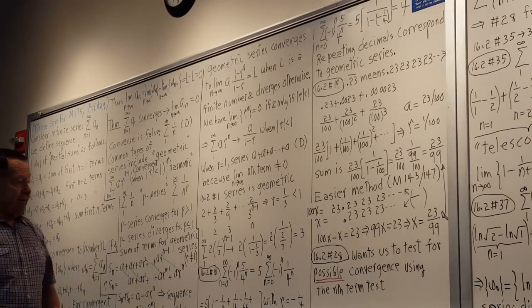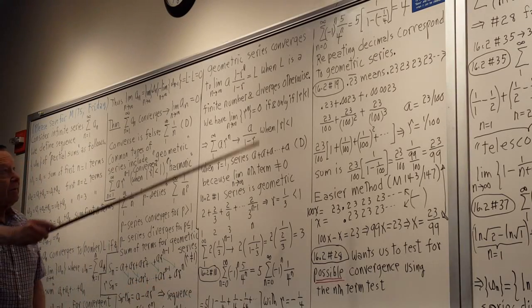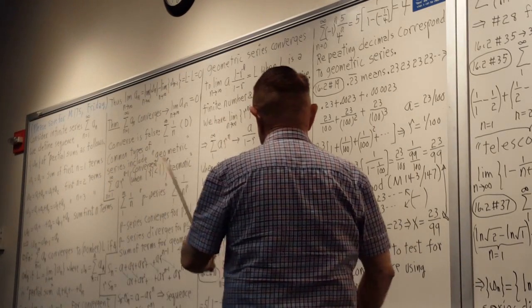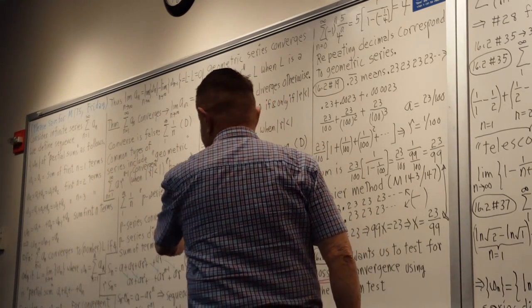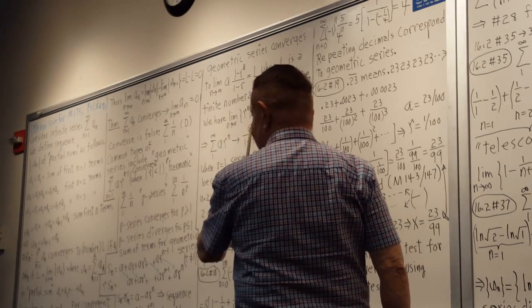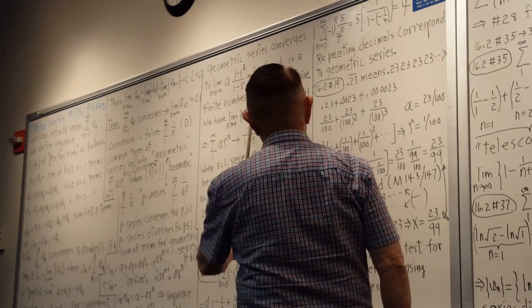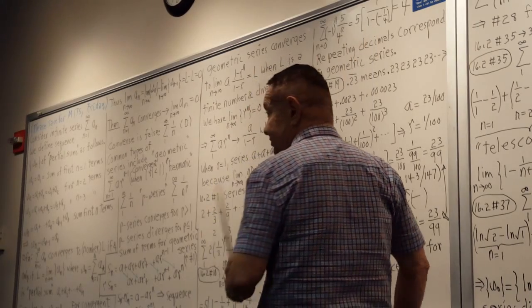So again, what I've done here is to use our formula for the sum of the series when it's convergent, whatever is the common factor, and then 1 over 1 minus the common ratio.